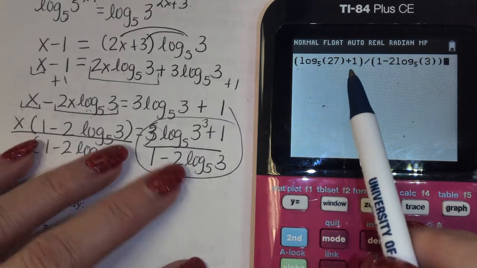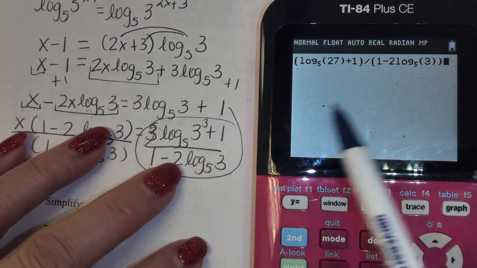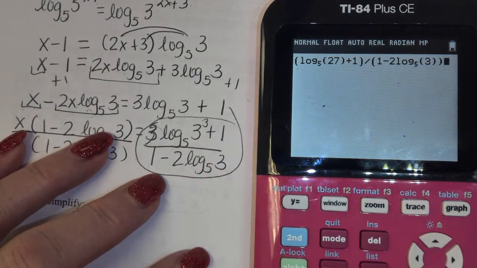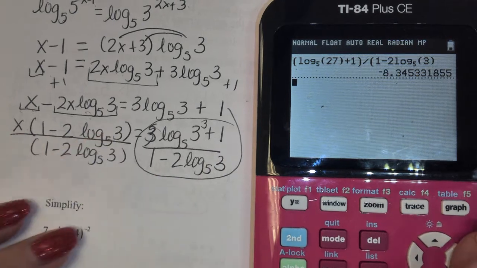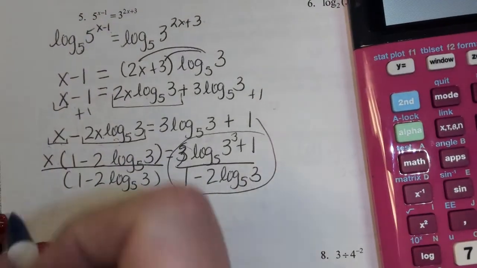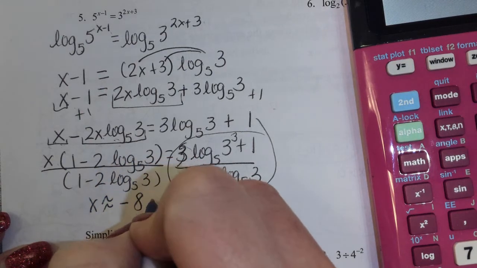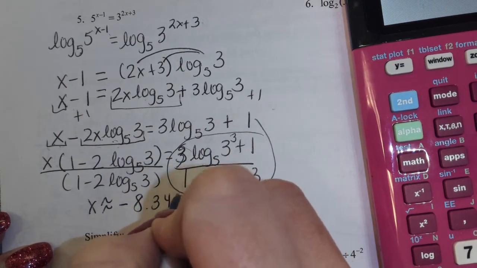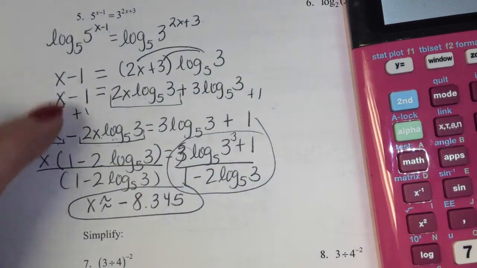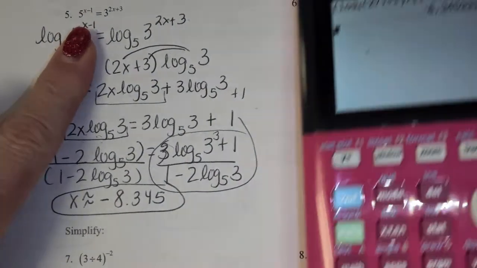Checking that. I need this whole thing, okay, to get divided by this whole thing. Okay, looks good. Negative 8.34. I'll round to the nearest thousandths. And so that should be the correct answer for x.